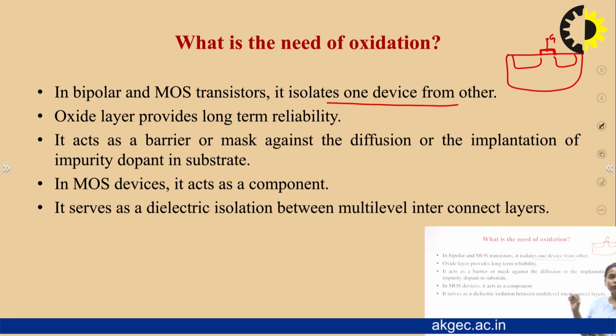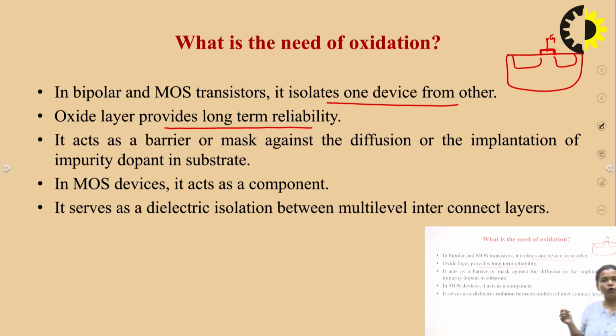This is the first important usage of the oxide layer in our VLSI technology. The oxide layer also gives long-term reliability. Since it is formed, it remains stable there, and proper isolation is maintained between different terminals.